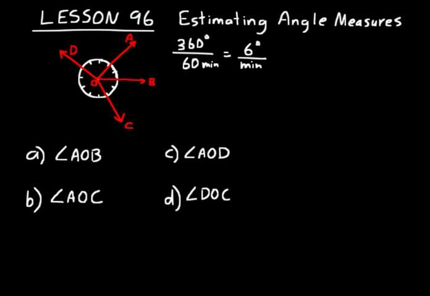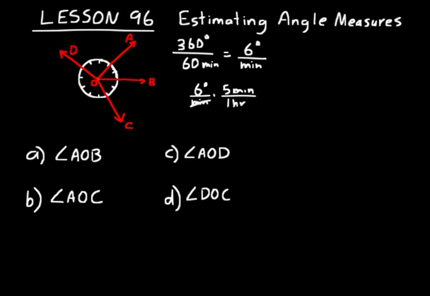I don't have the minute marks drawn on here, but I do have the hour marks, and there's 5 minutes in between hour marks. So think about that. 6 degrees per minute. We could do a unit multiplier problem times 5 minutes per 1 hour mark.